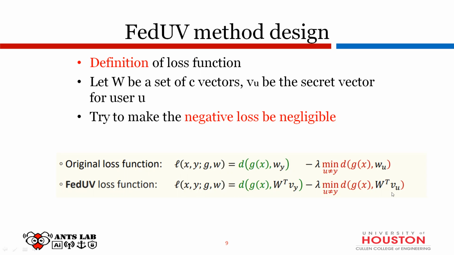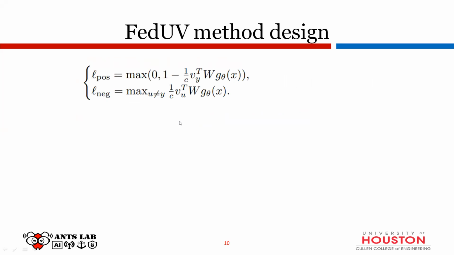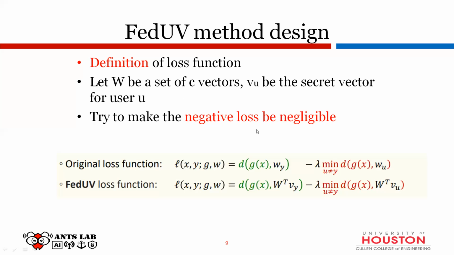You don't actually replace any of those. Basically, if you want to calculate the negative loss, you have to get this VU. But what they try to do, in the process of improving, is make it so you don't need to exactly calculate this.